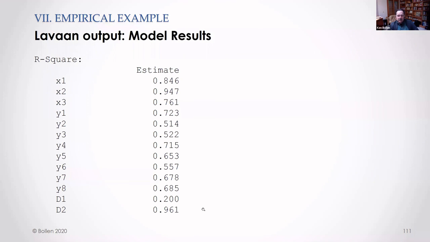We also have R squares for the latent variable model. So here we have 20% of the variance in the first wave of democracy is explained by industrialization, the only explanatory variable. And here with D2, where we have the lag D1, over 96% of the variance is explained. So you get a lot of output and a lot of interesting results here.